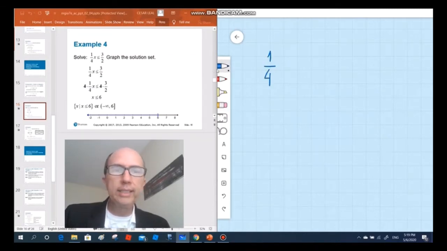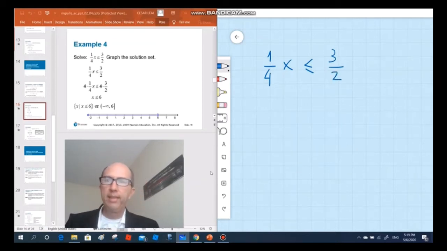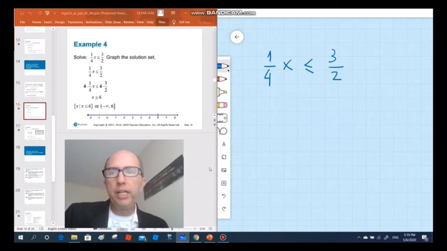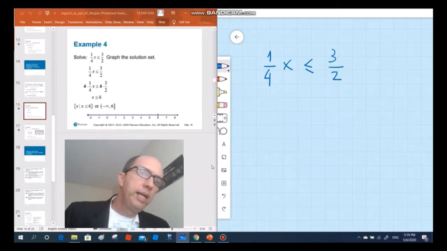Let's try to solve this example here where we have 1/4 of x is less or equal than 3/2. We can use multiplication property, and we can multiply by the same number both sides of the equation. We want to have only x here with no coefficient or coefficient 1 on this side.